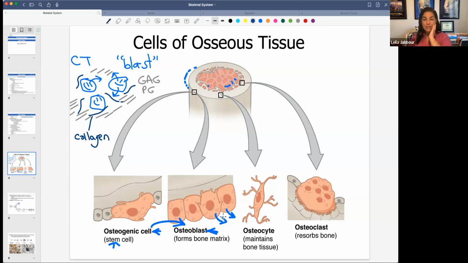These osteoblasts are very busy releasing all of these proteins. They're made in the rough endoplasmic reticulum, packaged in the Golgi, transported to the membrane, and released outside of the cell. That's how the extracellular matrix gets built up.